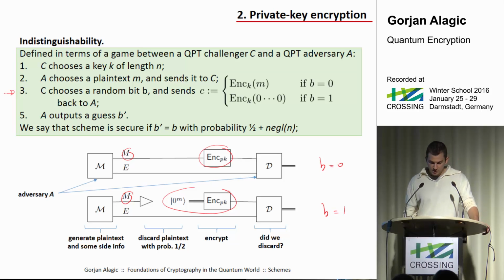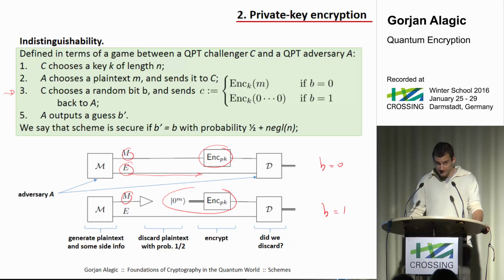And of course, the adversary is welcome to keep around some data about the plaintext or whatever else, and to carry it through until after the challenge along this wire here. In the quantum case in particular, it should be taken into account that the adversary can actually entangle these two registers before sending the message.